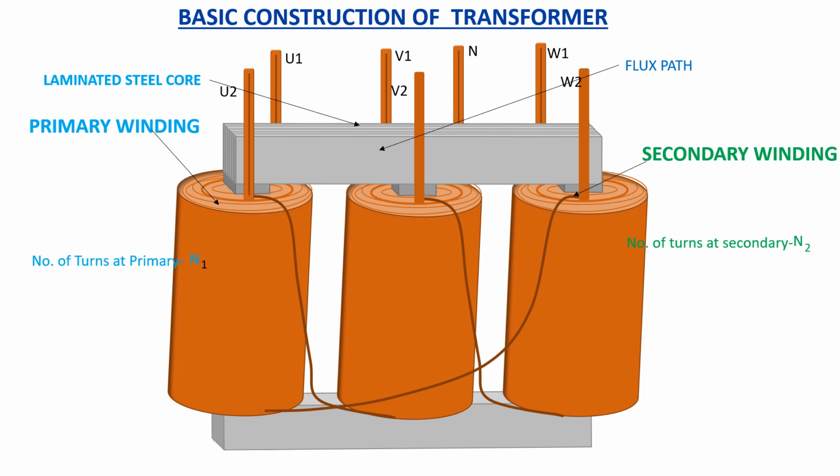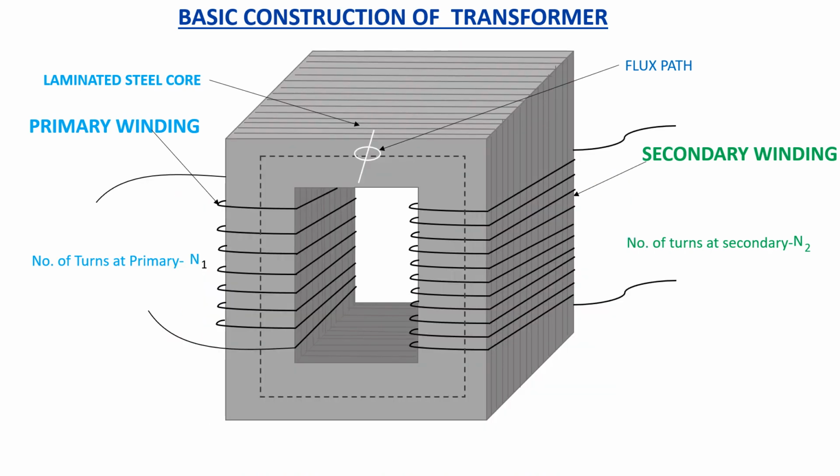But in actual construction, the two windings are usually wound one over the other. To describe the theory of transformation, here two windings are shown on opposite sides of the core limb.